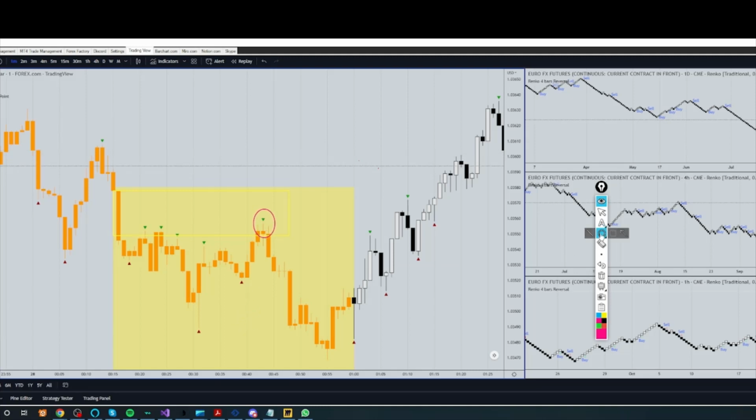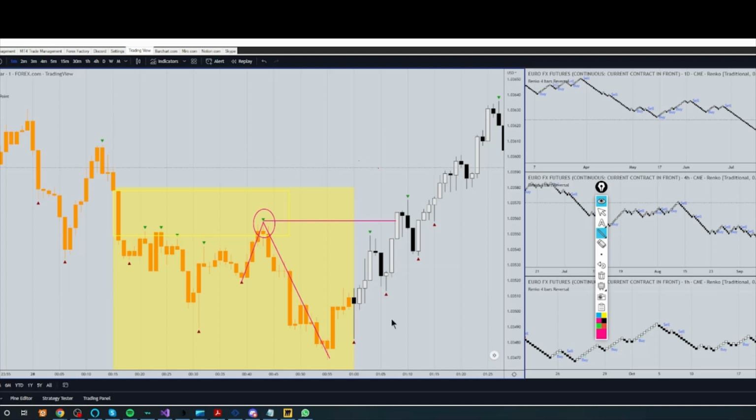So we have this low to this high. I could go into the seconds and zoom in on this, and we can see, if we span out, the moment price broke above this high and closed above it, I can wait for price to come back down below it and get in.